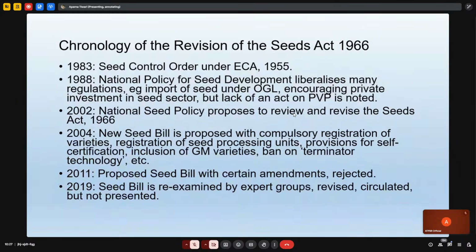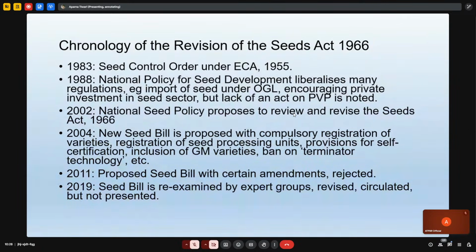In 2002, the National Seed Policy was proposed, and among various things, it also proposed to review and revise the Seeds Act. In 2004, for the first time, what we call today the New Seed Bill was proposed in the Parliament, with compulsory registration of varieties and registration of seed processing units. It also proposed provisions for self-certification, which came under a lot of criticism.